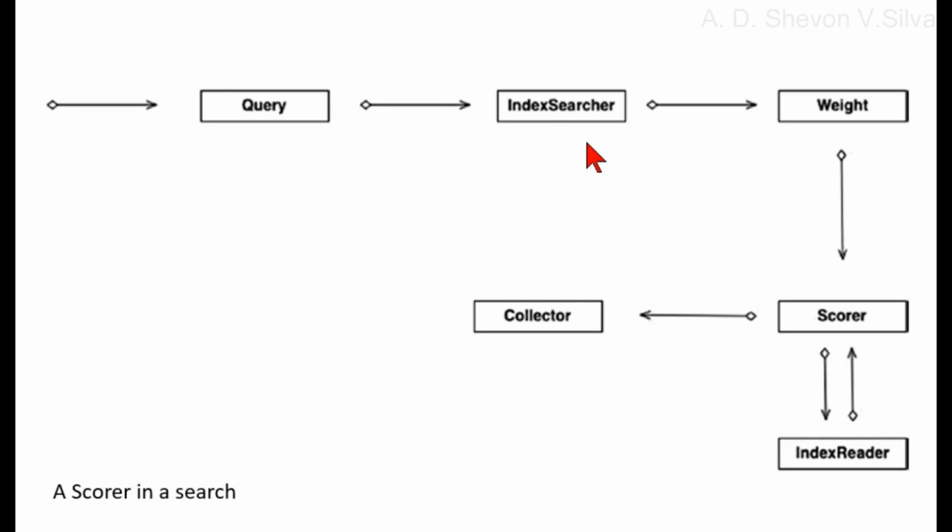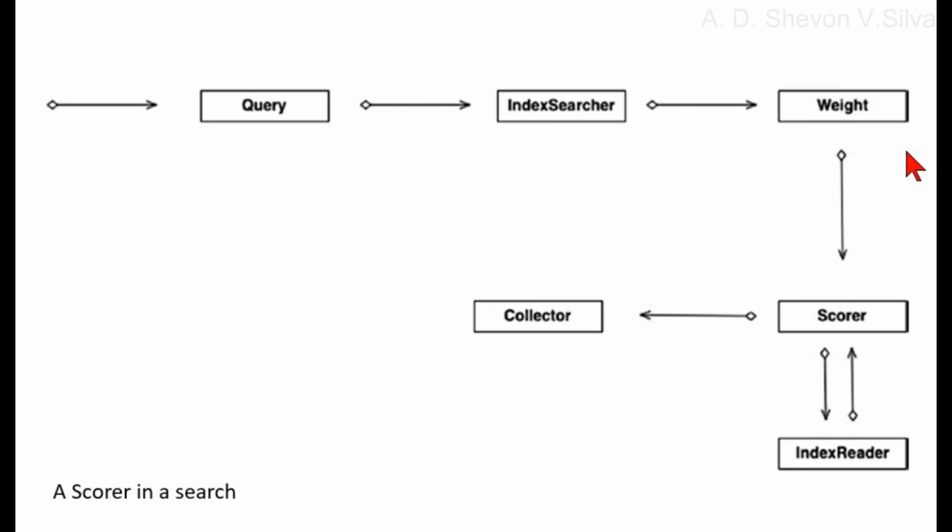Upon completion of the rewrite, an instance of the weight class is created, which is specific to the query plus index searcher combination. This weight will contain all the query specific statistics that apply to the execution of this query.